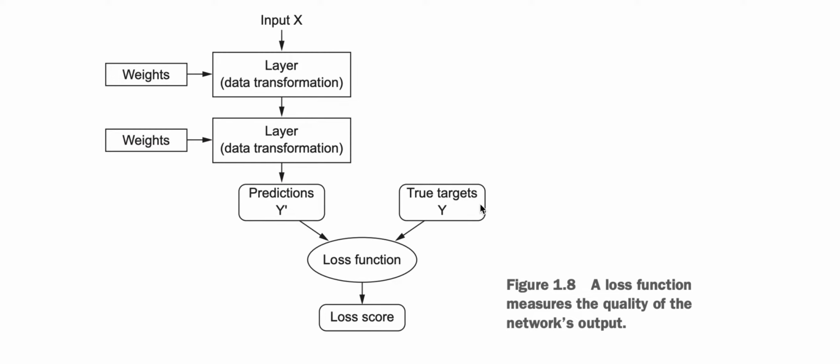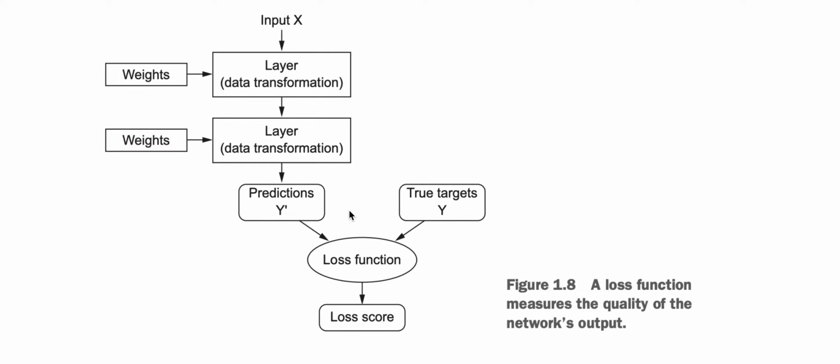Now the major trick in deep learning is to use this discrepancy between the prediction and the target in a smart, intelligent way to adjust these weights so that the predictions become as close as possible to the targets, and they do that iteratively.